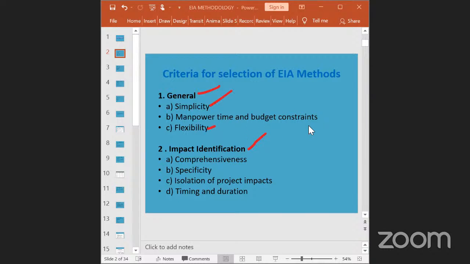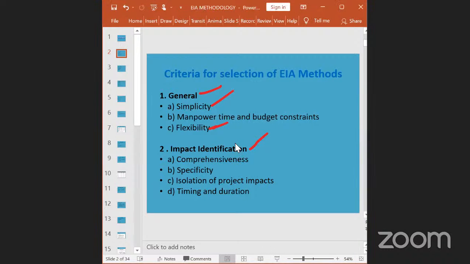And manpower: this methodology should be applied by a small group with a limited budget and under time constraints. And flexibility: this methodology should be flexible enough to allow for necessary modifications and changes through the course of the study or any other projects.